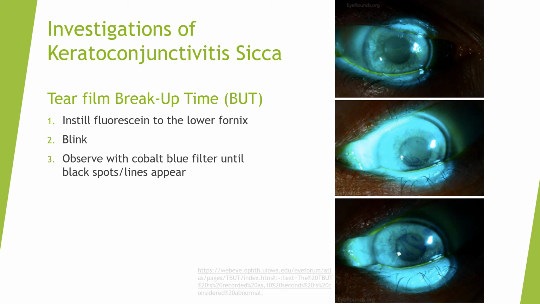We do this by first instilling fluorescein into the lower fornix, asking the patient to blink once, and then through the slit lamp, observe with the cobalt blue filter until black spots or lines appear, as demonstrated in the middle and the bottom pictures there. Normal breakup time is around 10 seconds and above. 5 to 10 is marginal, and less than 5 means an unstable and abnormal tear film.